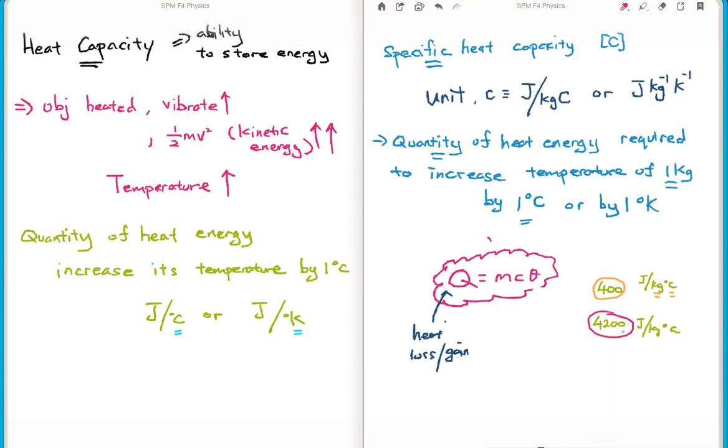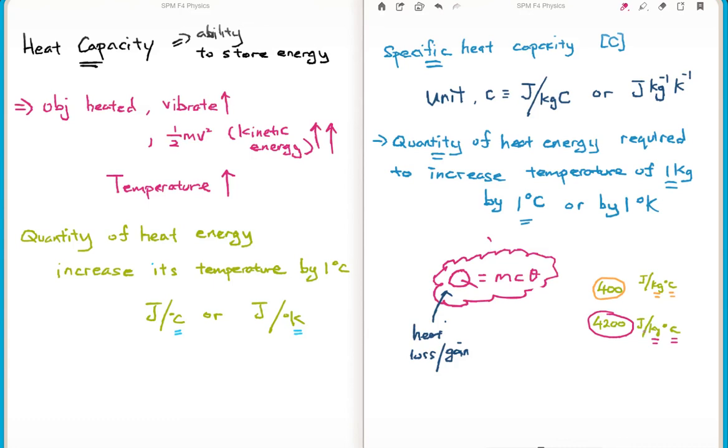This material has a great potential to store energy, because in order to increase this 1 kg of material by 1 degree, you need to supply at least 4,200 joule. Only then will it start to increase by 1 degree C.